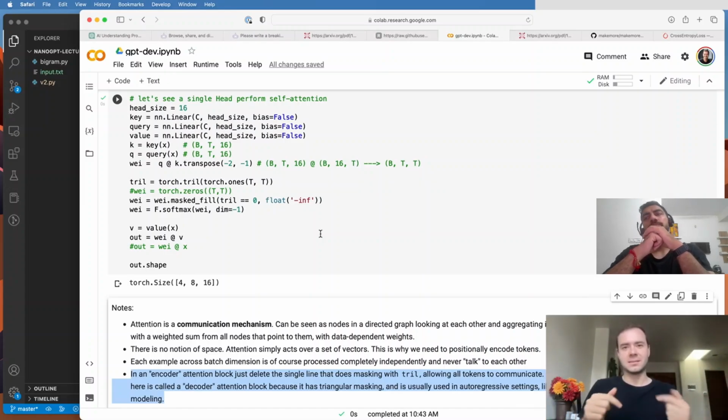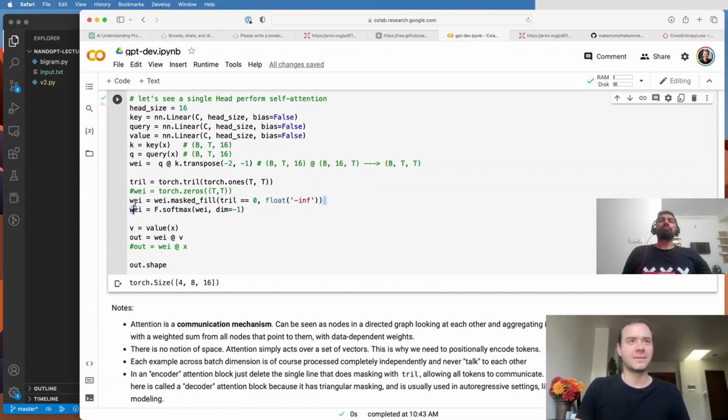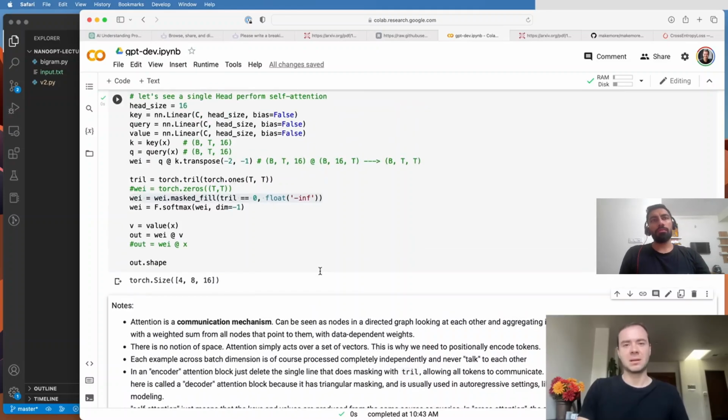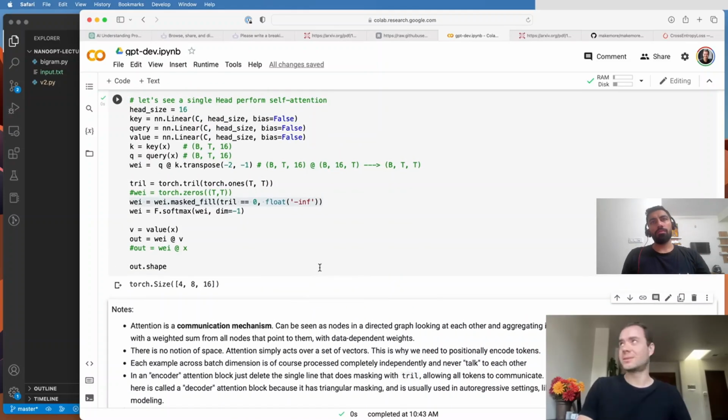In those cases, you will use an encoder block of self-attention. All it means that it's an encoder block is that you will delete this line of code, allowing all the nodes to completely talk to each other. What we're implementing here is sometimes called a decoder block. It's called a decoder because it is sort of like decoding language.